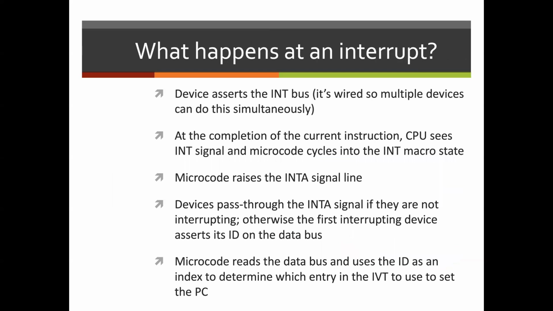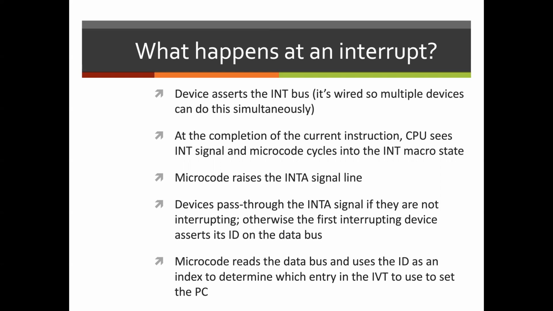So what exactly happens? The device asserts the int bus, so it's wired so multiple devices can access it or assert it simultaneously. At the completion of the current instruction, the CPU will see the int signal and the microcode cycles into the int macro state.